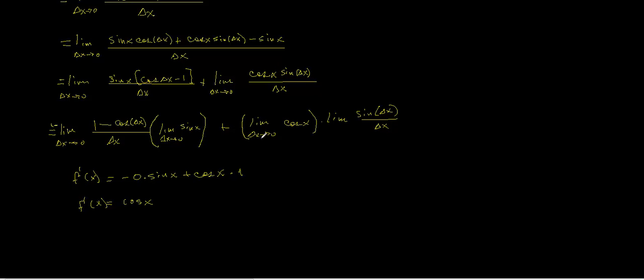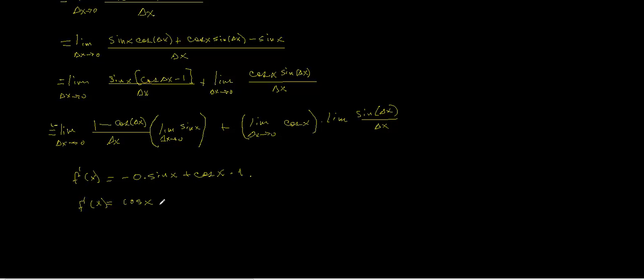By the way, the limit as delta x goes to 0 of the cosine of x is just cosine of x, because there's no delta x here. However, the limit of sine delta x over delta x becomes a 1 from our definition above. So here's the substitution, and then this whole thing goes to 0, which gives us cosine of x times 1, which simplifies to cosine of x.